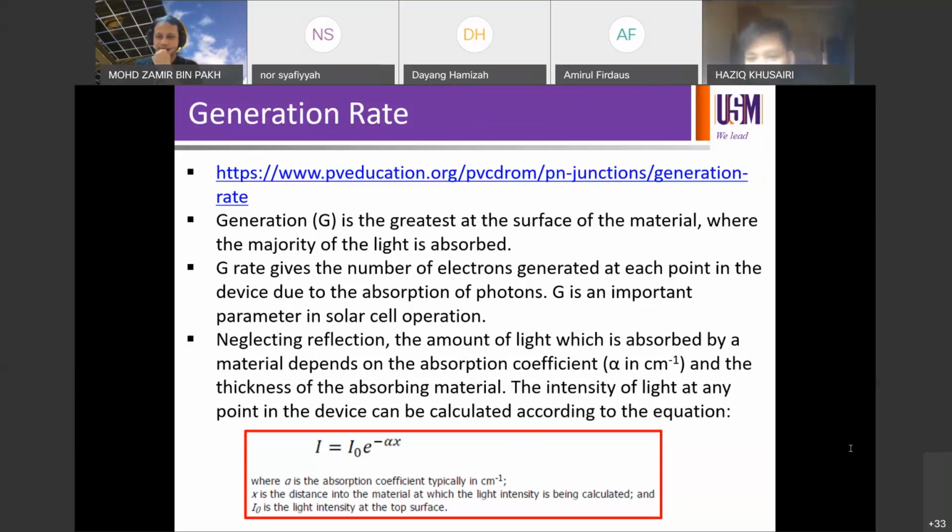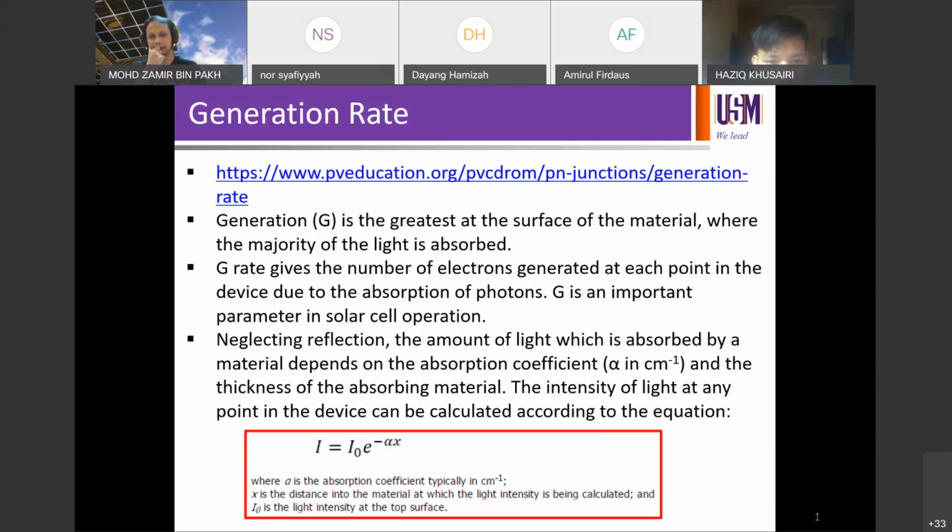Okay, smaller, larger, equal. All three cases already said. How about case number one? What if the EPH is smaller than EG? What happens? What happens next?